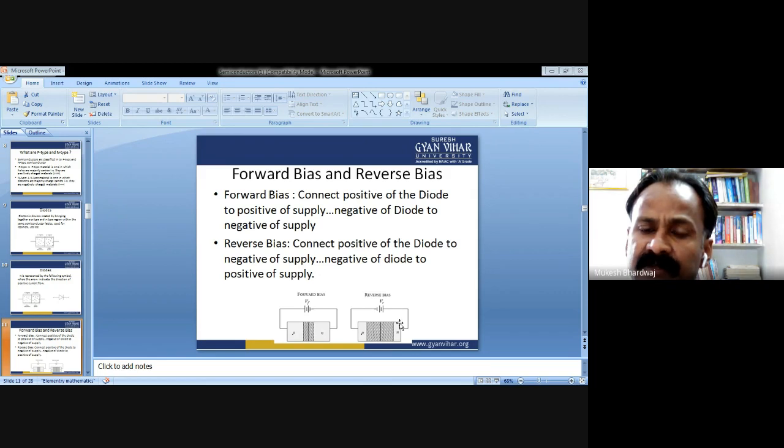In this way, the majority charge carriers do not cross the barrier, the barrier size increases, and the depletion region grows more and more. So we can say that in reverse bias, current will not start flowing.